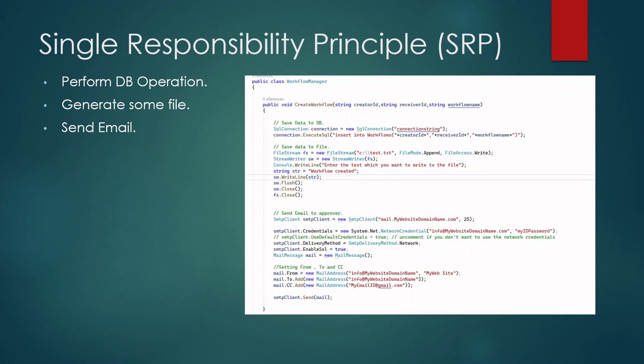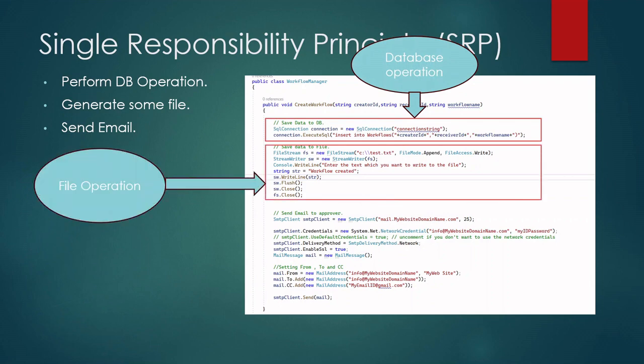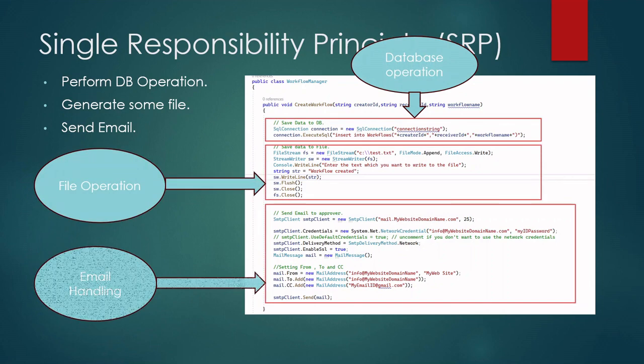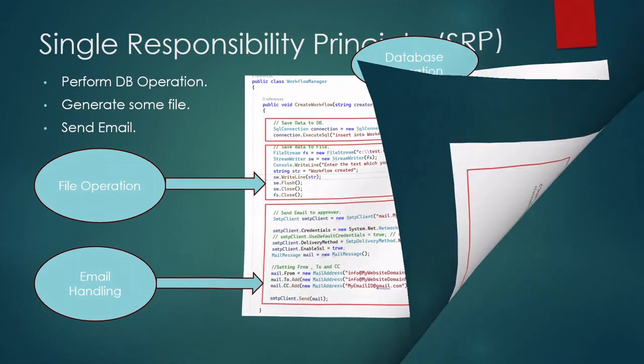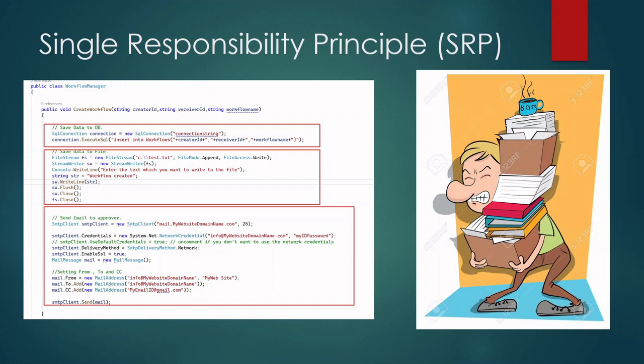First we do the database related operation, then the file related operation, and the third one is the email operation. It's like assigning all the tasks to one single person. We should not do this in SRP. This is violating the SRP principle.